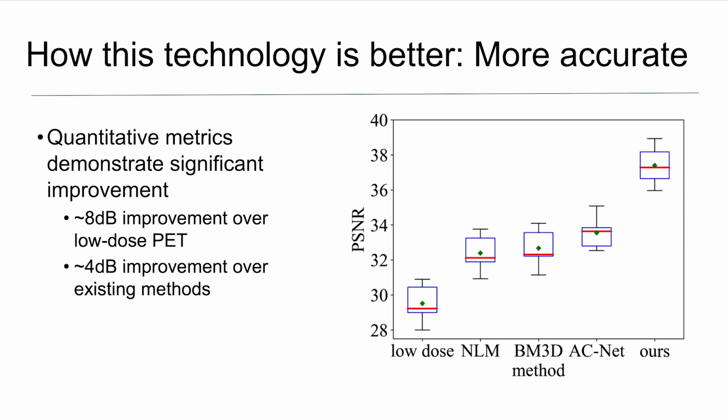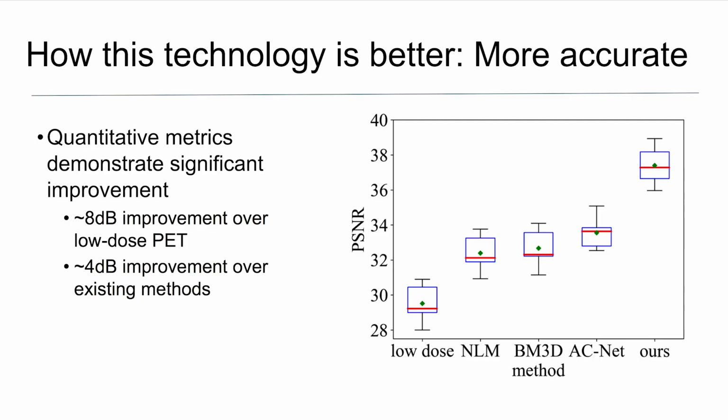So we did some quantitative comparison and it shows our algorithm is significantly better than other algorithms, and applying the proposed method is also way more time efficient. Further improvement using optimized deep learning and a GPU accelerated framework can improve the speed even more. So here shows how our method is better. First, it's more accurate.